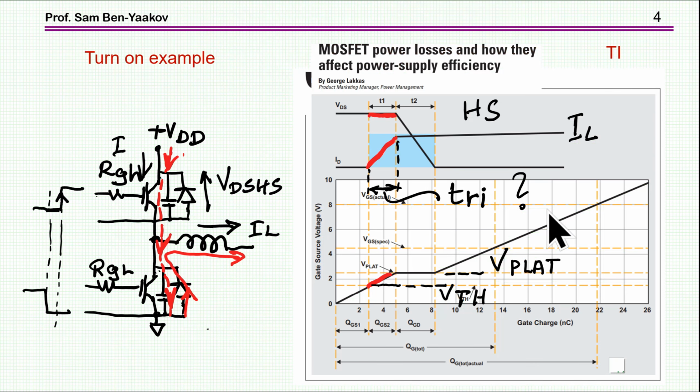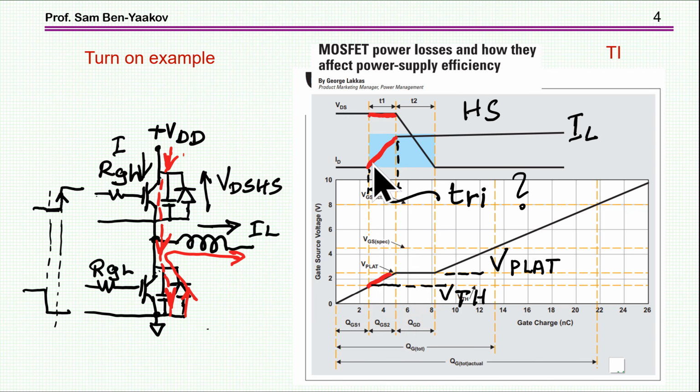So here is how Texas Instruments is suggesting to deal with this process. What they are showing here is the charge of the gate, and this is the voltage of the gate, and here we see that the current of the transistor is starting to rise, and this is when the voltage will reach the gate threshold.